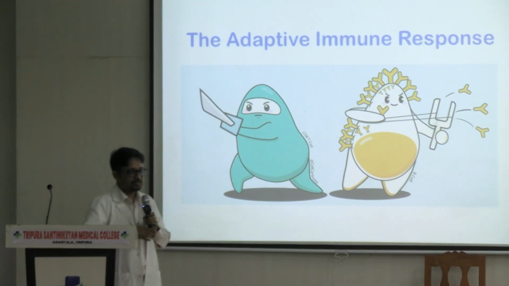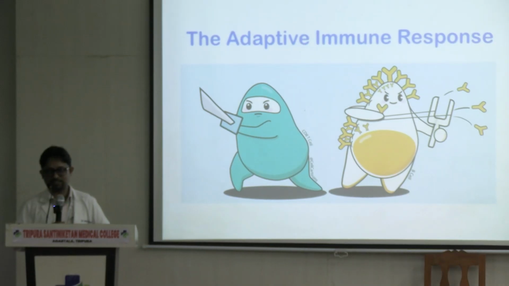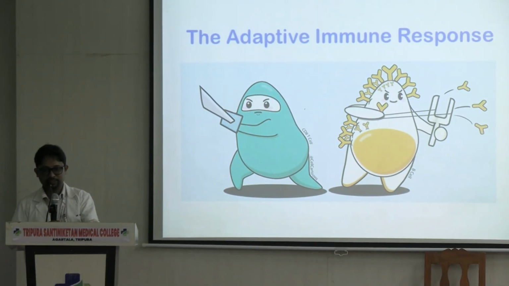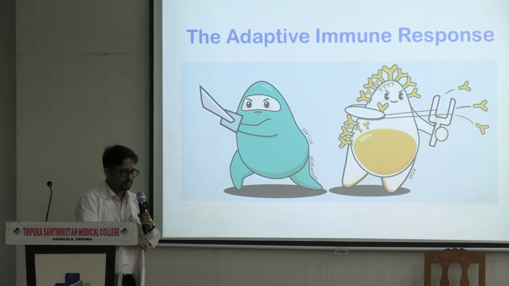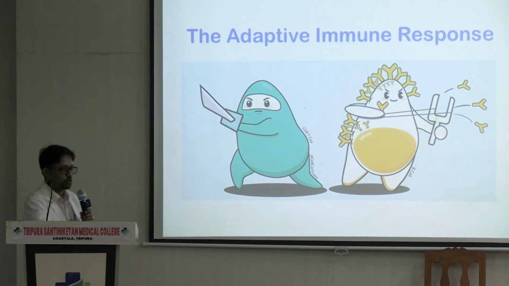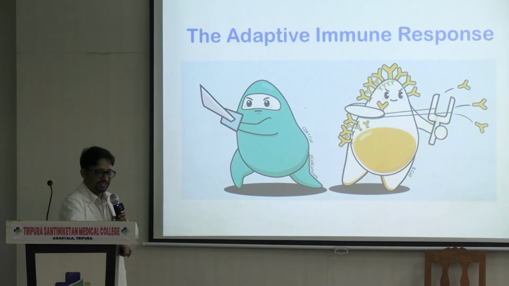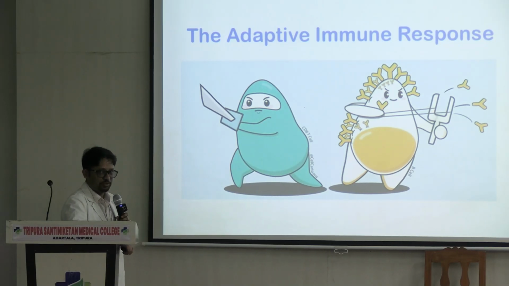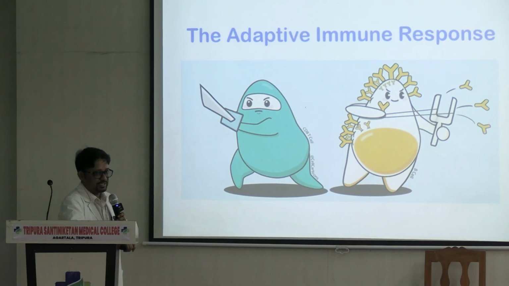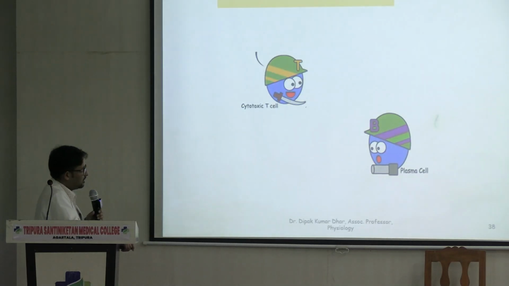The other way is it can stand at a distance and fire something, right? Bullets, pellets, anything. The T cell acts like this, hence the name cytotoxic response, directly going to the cell and delivering how it is going to act. The B cell acts from a distance, it shoots antibodies or immunoglobulins.